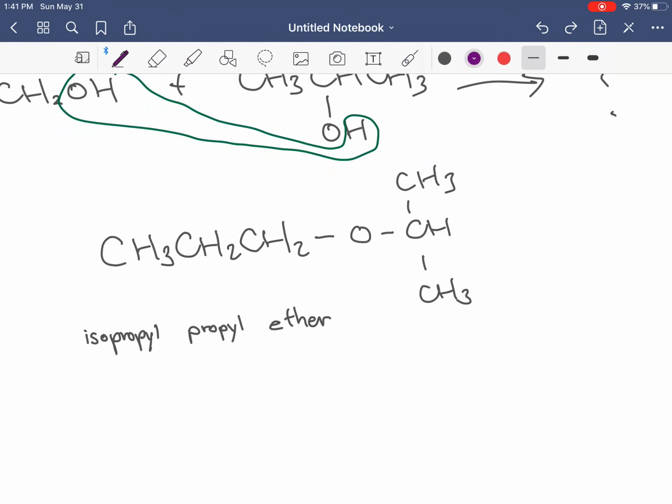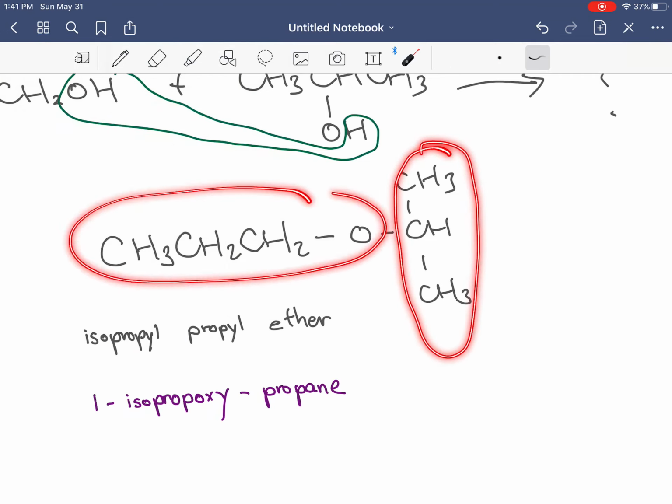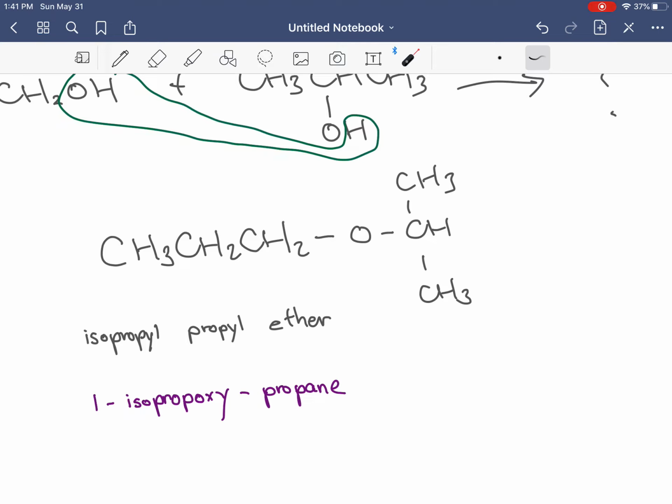As a side group, this guy is called 1-isopropoxypropane. Which means if you were to say this is my longest chain, this is my side group, well, what are you going to do?